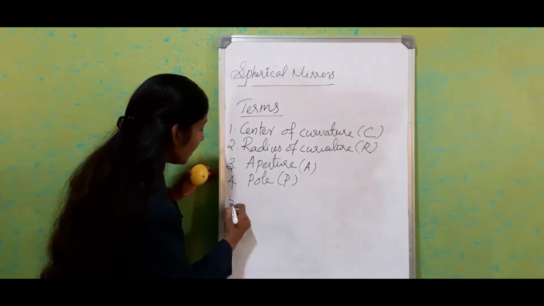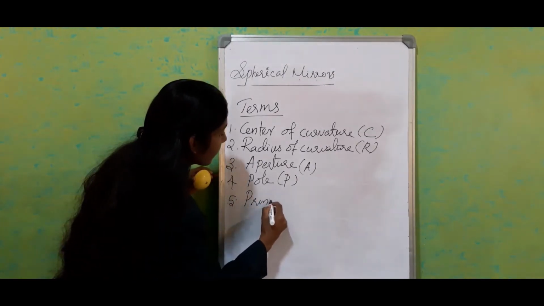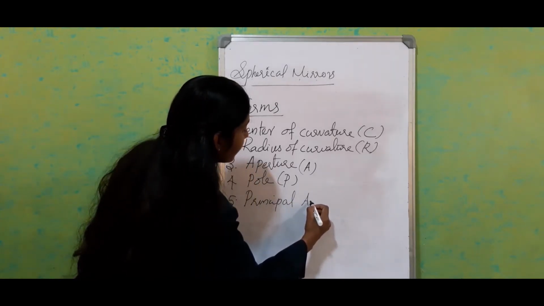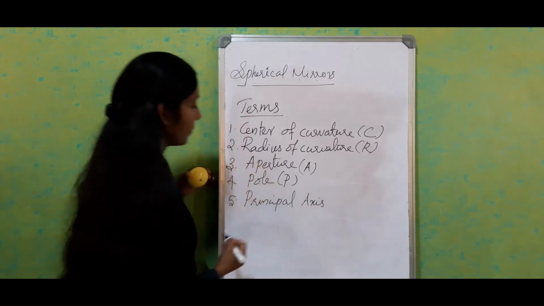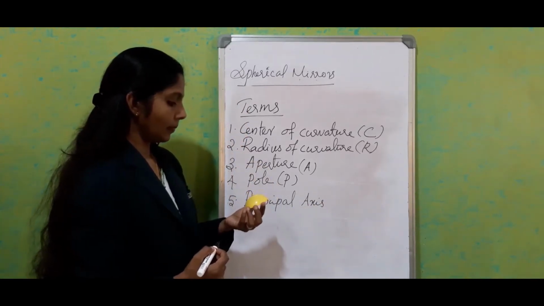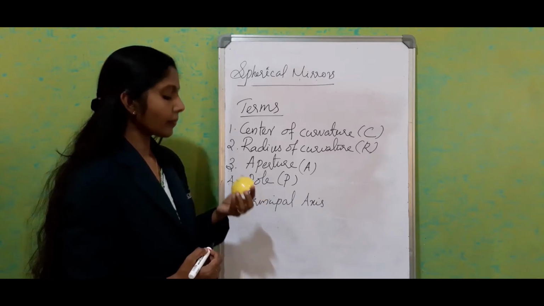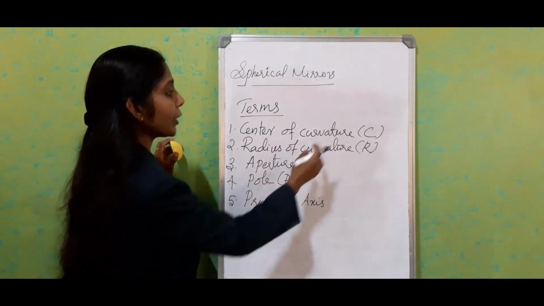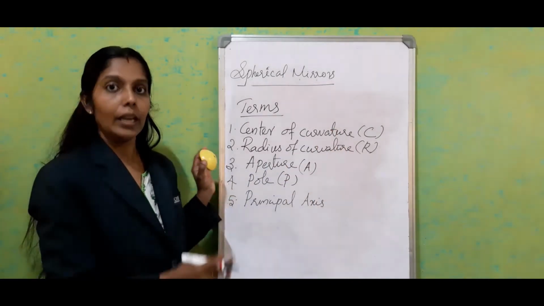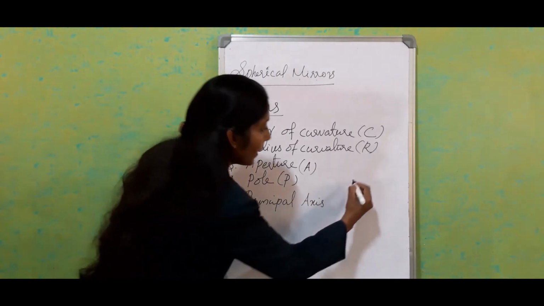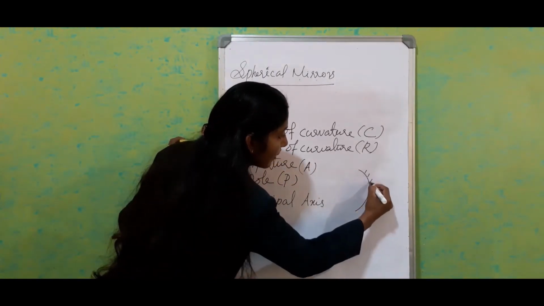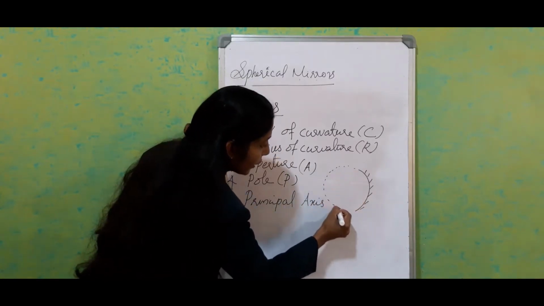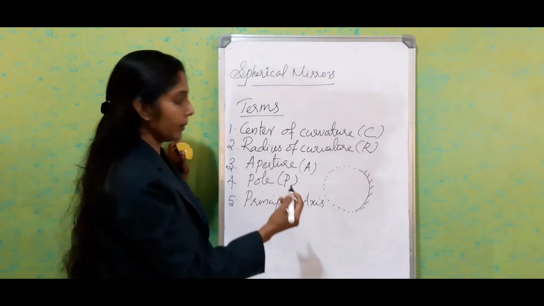Our next term is principal axis. The principal axis is an imaginary line which passes through the center of curvature and the pole. With a diagram I will show how it is. Consider this as a concave mirror, and if we make it a continuous line, we will get a circle-like shape.